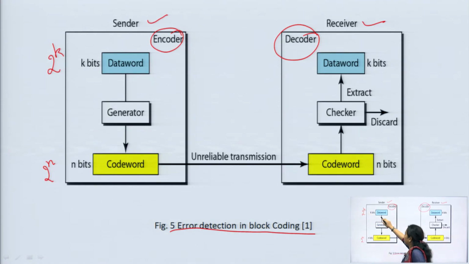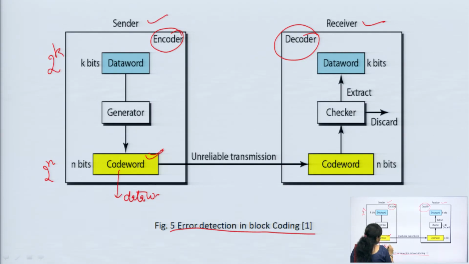Then these k bits, which generate the data word, will be applied to the generator and then the code word will be generated. This code word will consist of data word plus the redundancy bits.